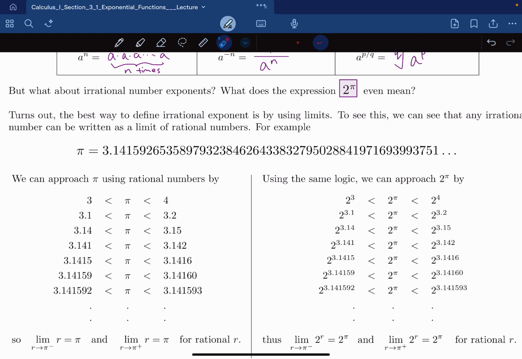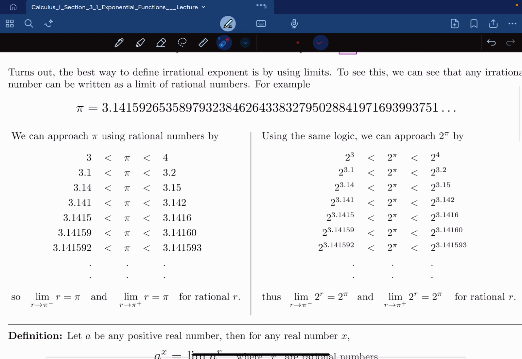So all of these allow me to bound pi by two numbers that are rational, right? Because you can easily write these as fractions. And if we keep going, if we do this forever, if we find the limit of this process, on the left-hand side it approaches pi from the left.